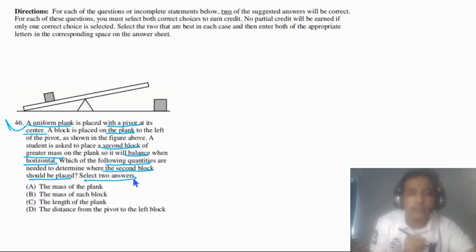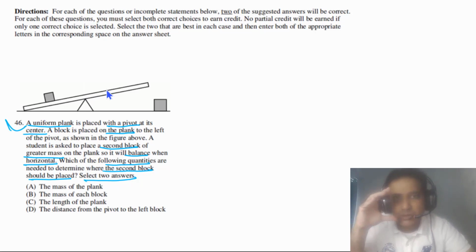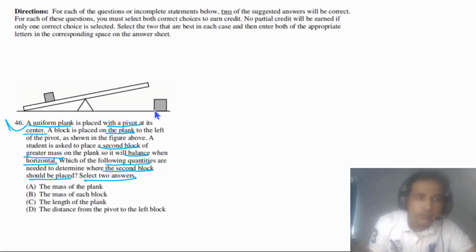Select two answers. So in this case, we simply have to balance this block. We can imagine the mass of this block is, let's say, capital M and the mass of this block is small m. In order to balance, we have to place this greater mass closer to the pivot. So it has to be here.